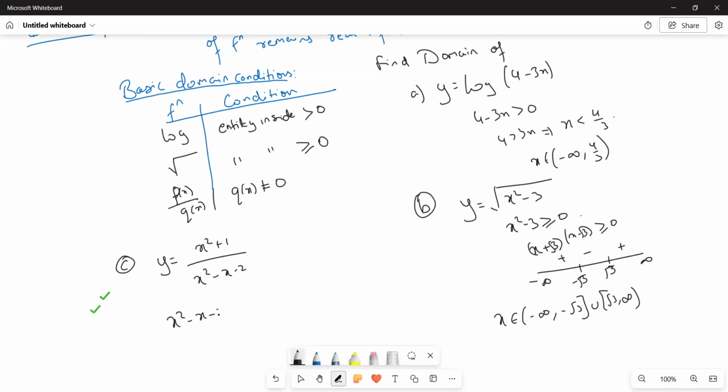So x square minus x minus 2 equal to 0 solve करो. तो ये क्या देगा? (x minus 2) into (x plus 1) is equal to 0. तो इसका रूट्स आ जाएगा x equal to -1 and 2, which means for -1 and 2 the denominator will become 0. So the domain of this function would be all real numbers other than -1 and 2, because -1 and 2 के लिए denominator 0 हो जाएगा, which is not possible.